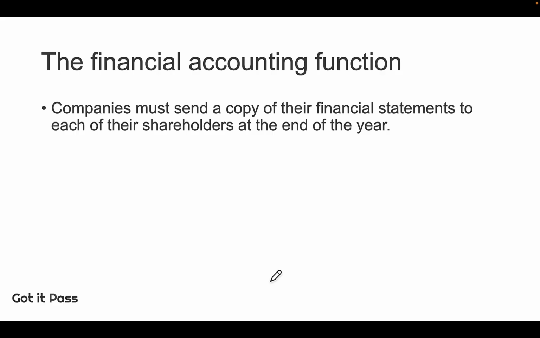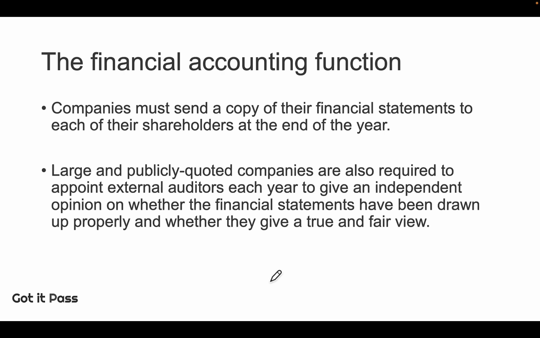So as said, companies must send a copy of financial statements to their shareholders, and large and publicly quoted companies are also required to appoint external auditors each year to give an independent opinion on whether the financial statements have been drawn up properly and whether they give a true and fair view.